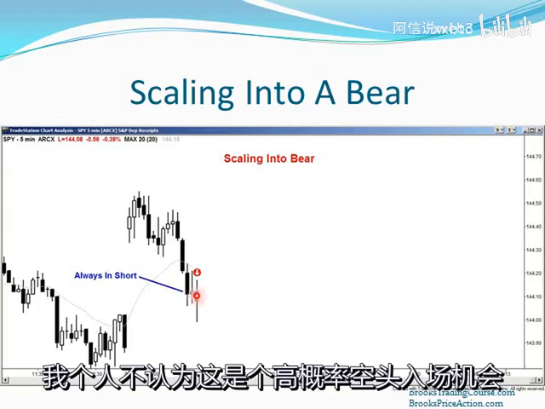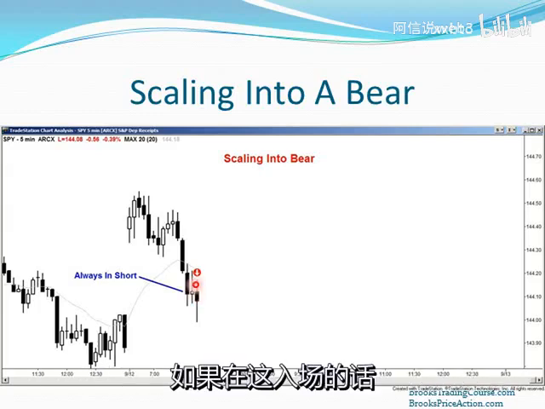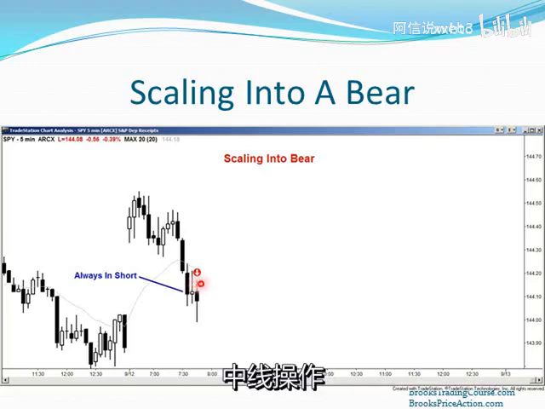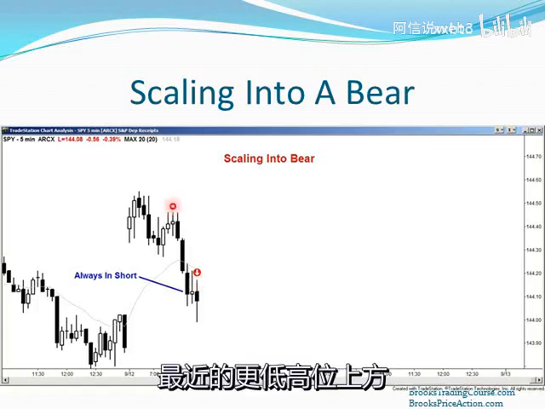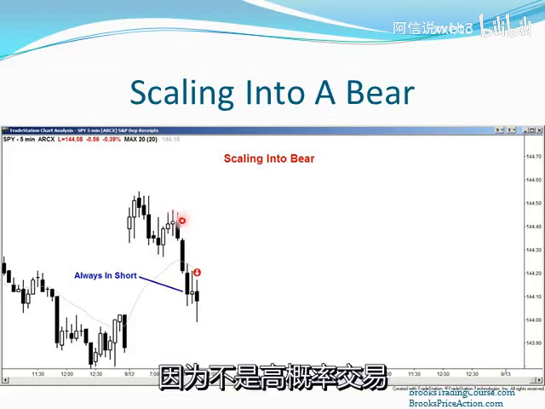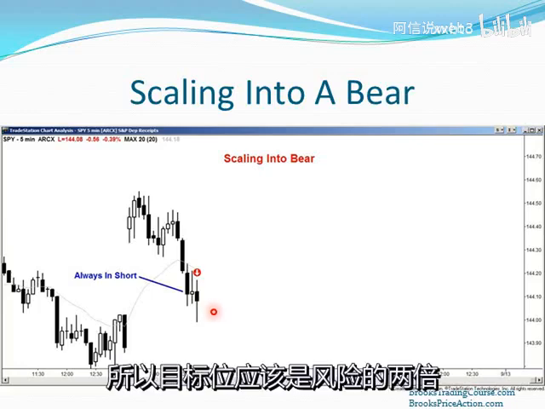Okay, to me, I think this is not a high probability short. If you take it, you may be taking a trade that has a 40 to 50% chance of success. You're taking it as a swing. Your stop is above the most recent lower high for a swing trade, so initially your stop is up here. And since it's not a highly probable trade, you're hoping to get a reward equal to twice your risk.